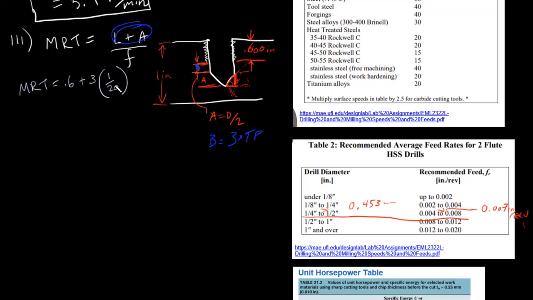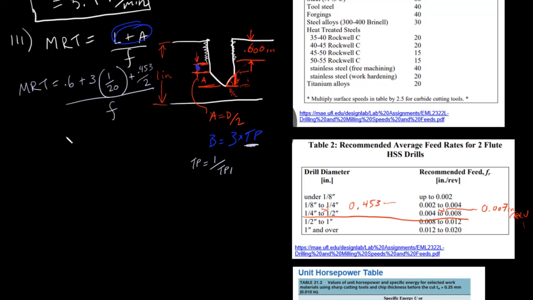So 3/20ths of an inch is going to be this B. So maybe I'll just clarify that. So thread pitch is 1 over threads per inch. So it's just the inverse number. And then we're going to add the diameter over 2, which is 0.453 over 2. And then that's all going to be over our feed rate.